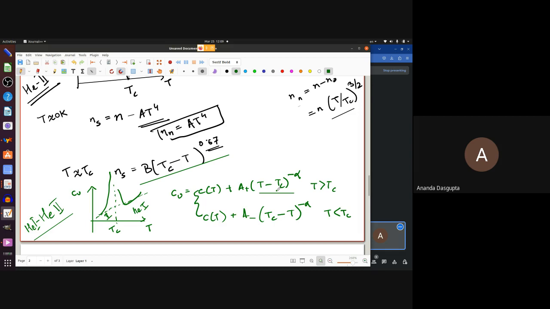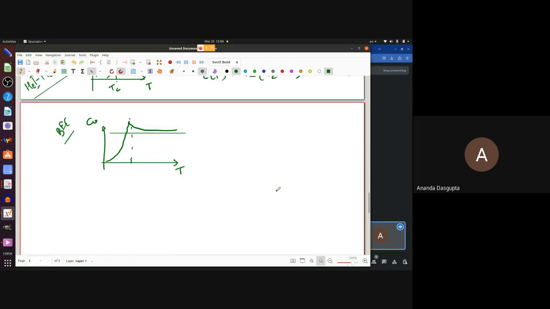So this pointed to the fact that the superfluid transition, the lambda transition, is a second order or critical phase transition.